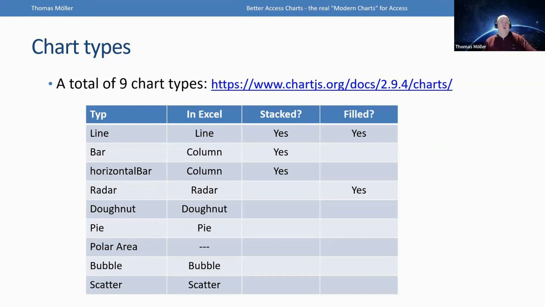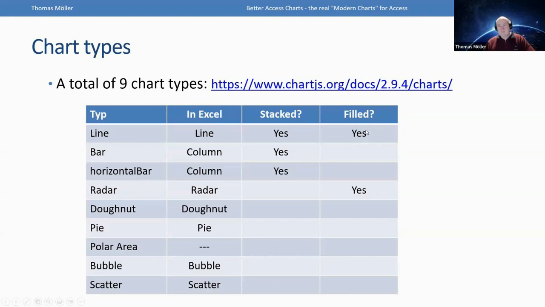We can set an additional option to make it stacked. This is possible for line charts or bar charts. And we can have them filled. A filled line chart means that the area under the line is filled with the color of the line.